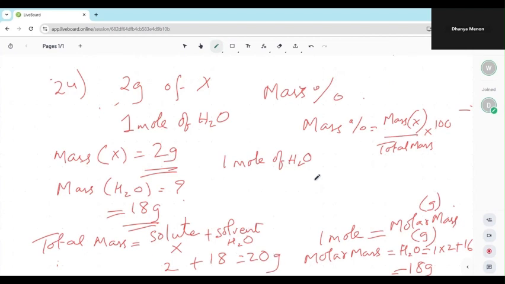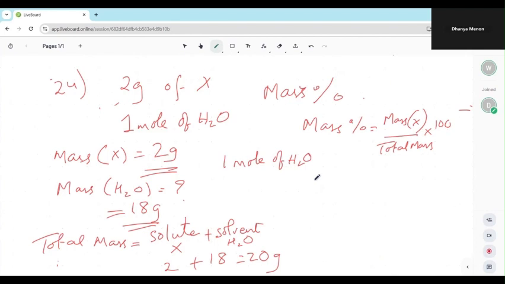So, students, do we have to find out the mass percentage? Do we have the mass of solute X in our hand? We have the mass of solute X, which is equal to 2 grams. What is the total mass of the solution? 20 times 100.